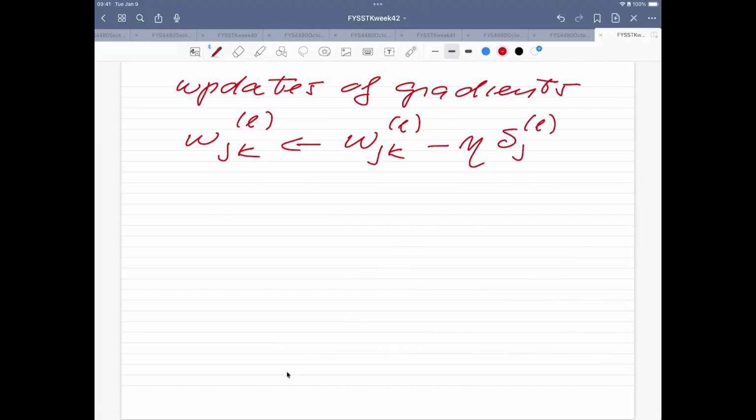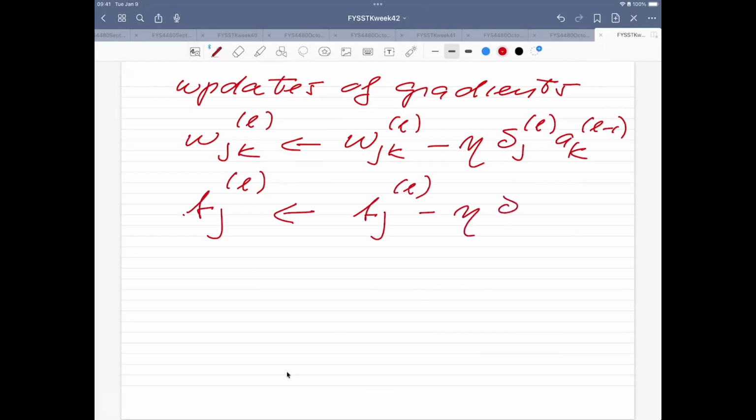That's going to be a nightmare. And then we have an Ak of L minus 1. And then we have a Bj of L. That's the other parameter in a given layer. Bj of L minus eta times the derivative of C with respect to Bj in layer L. And this quantity is nothing but delta j of L.